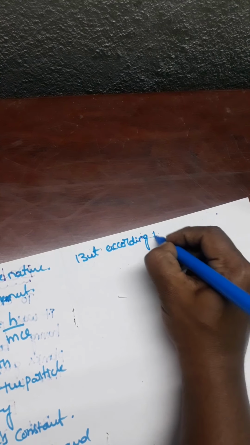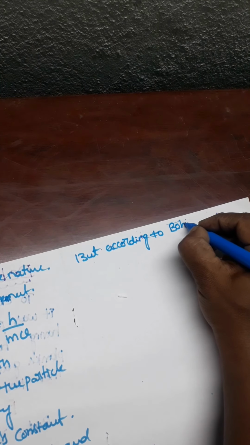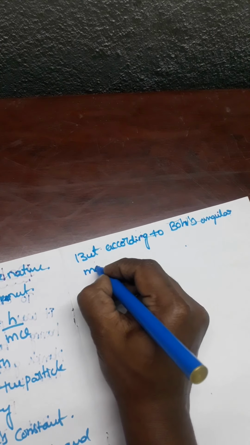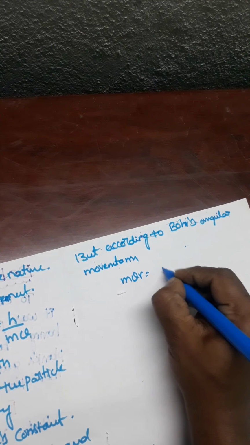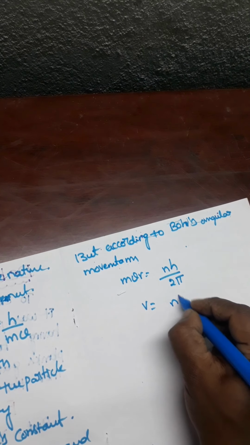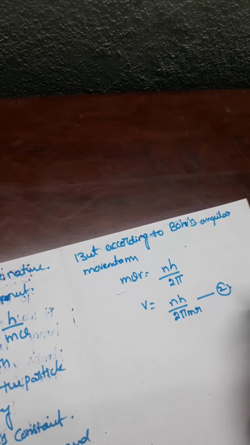But according to Bohr's angular momentum, mvr is equal to nh by 2 pi. Then v is equal to nh by 2 pi mr. This is equation number 2.